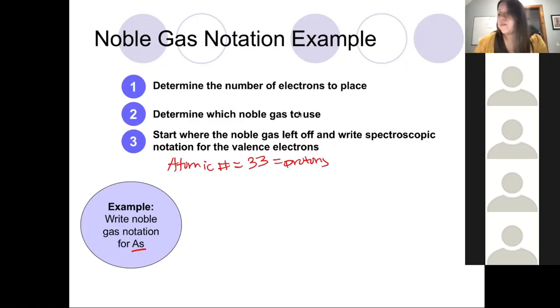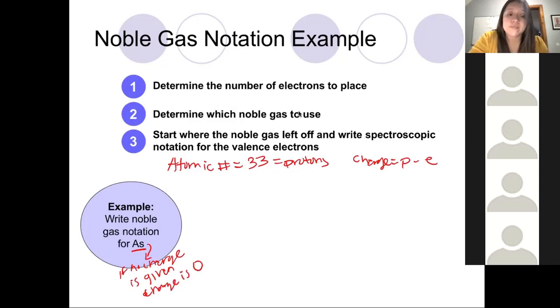So then we do charge is equal to protons minus electrons. Remember, if no charge is given, charge is 0.